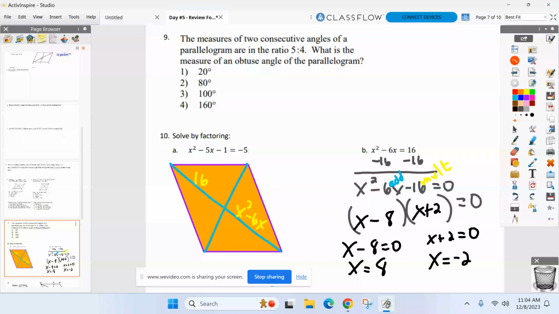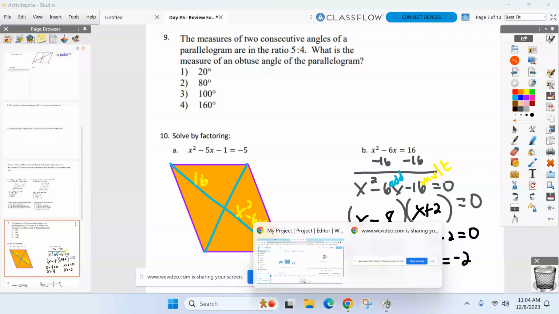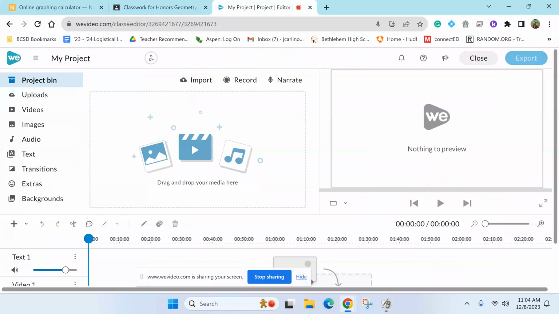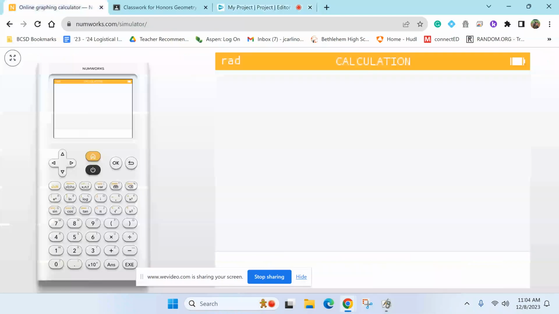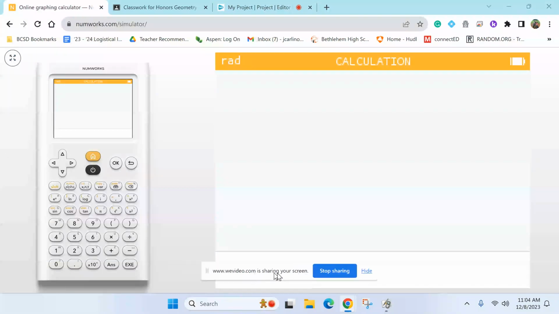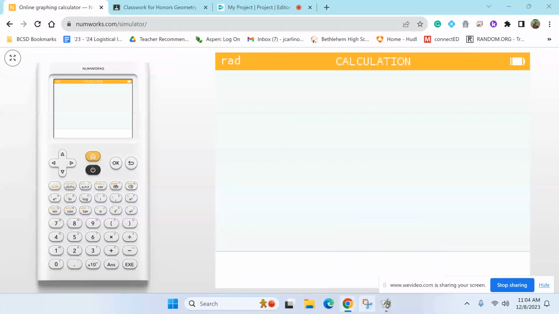Okay, so say I provided this diagram to you guys on Monday. I go to my calculator now, all right, and I plug in both answers to x squared minus 6x to see what type of side it is, positive or negative. So I have it up here. The only thing I'm going to stress to you guys, when you plug it in, make sure you plug in parentheses for when you plug in for x.